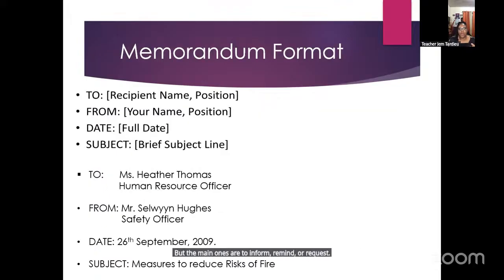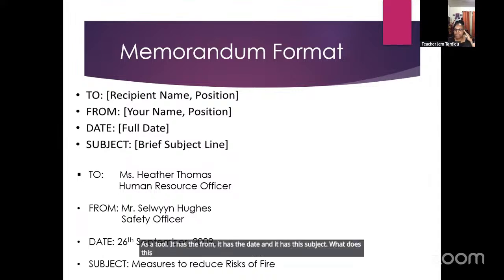What is the format of the memo? So the format, take a screenshot of this. The format of the memo has the to, the from, the date, and the subject. What does this format remind you of? Anyone? We learned this format last week.